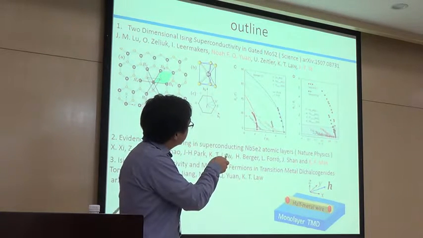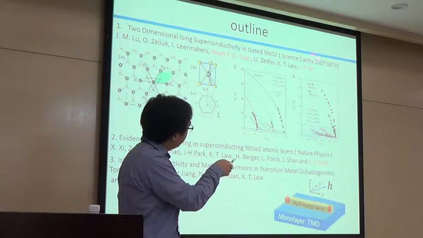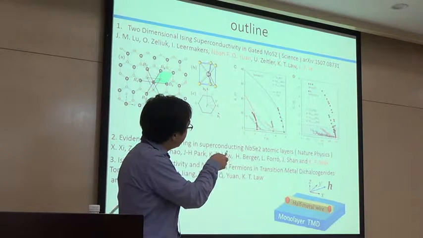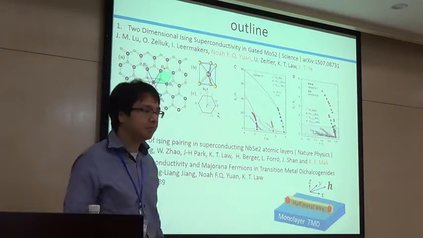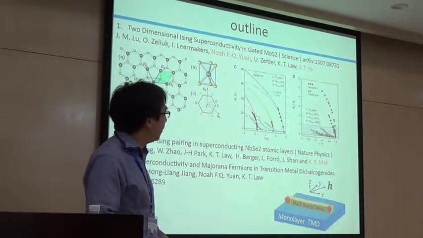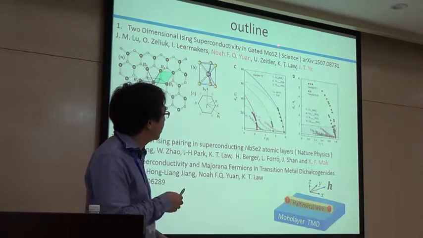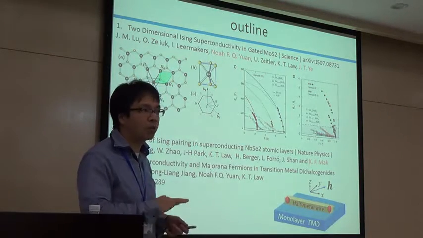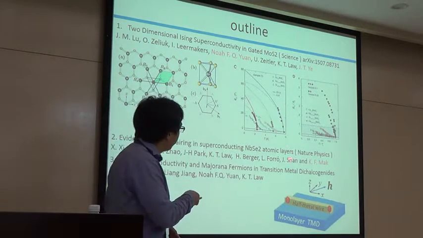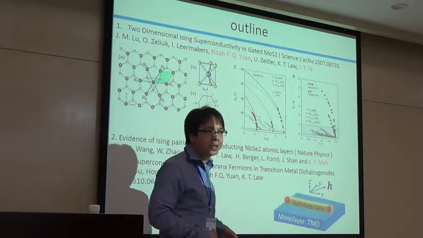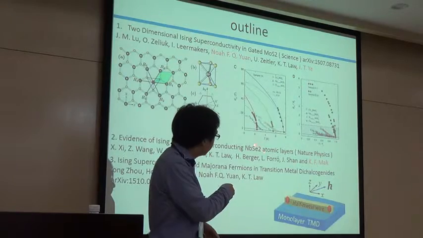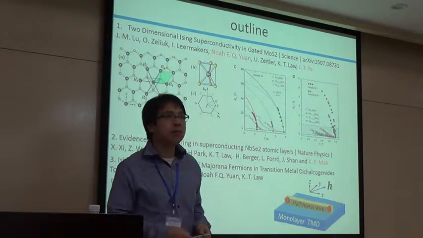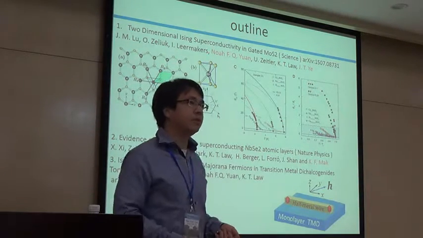my colleagues in the Netherlands did the experiment on this. And very soon we realized that this has to apply for a whole class of materials. My friend Mac at Penn State did the experiment for this material as well, and a similar thing happened.